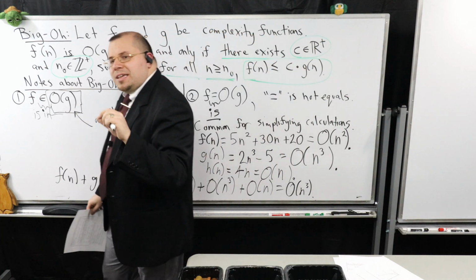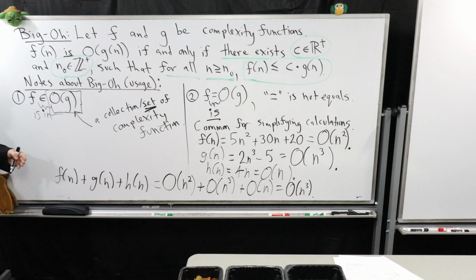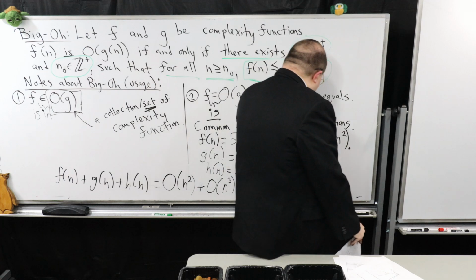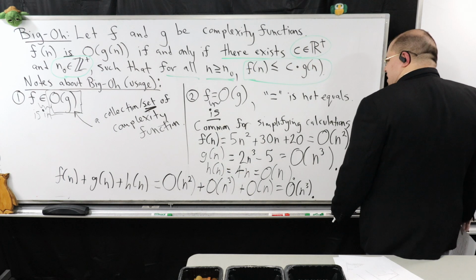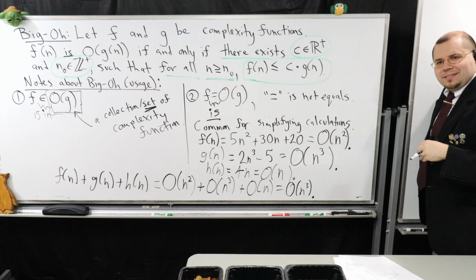What I'm telling you is that you can dissect it like this into parts, keeping in mind that none of those pieces are related to one another, and you can apply the rules of big O just like that to calculate the overall running time of your algorithm. So do you see how this simple notation can save you a little bit of time when you're trying to jot down some calculations?